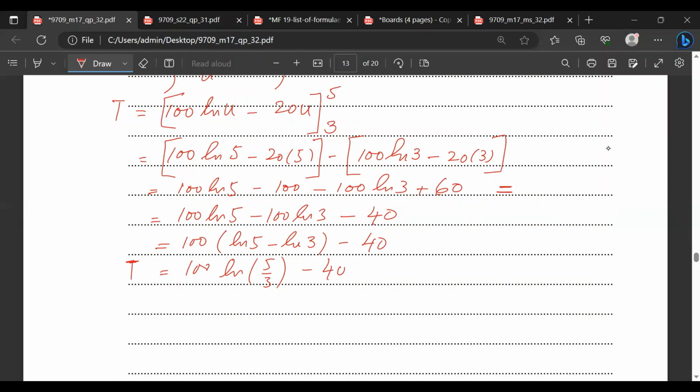This answer is t equals 11.08256... As we write the answer to three significant figures, 11.1. So 11.1 is the required time.